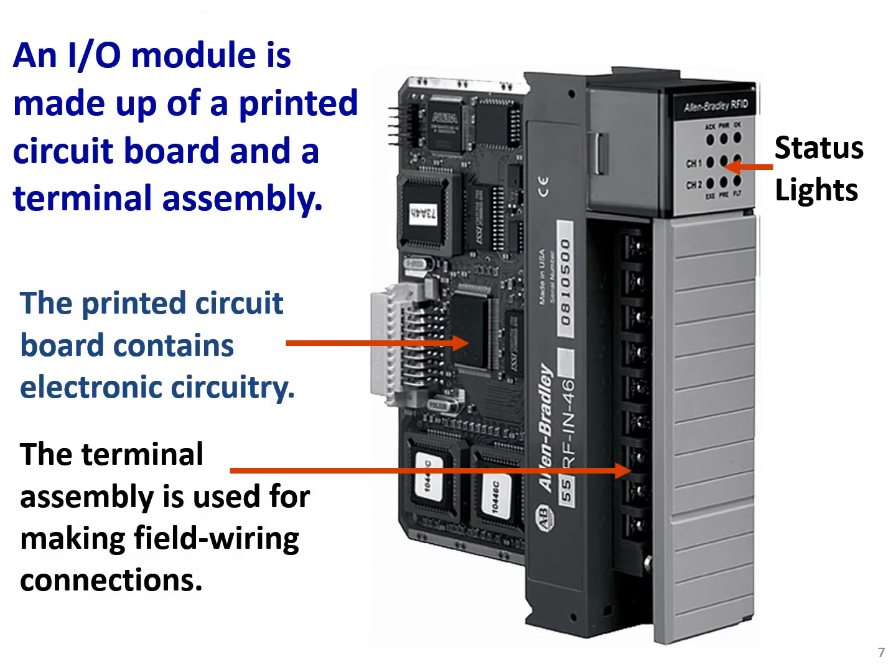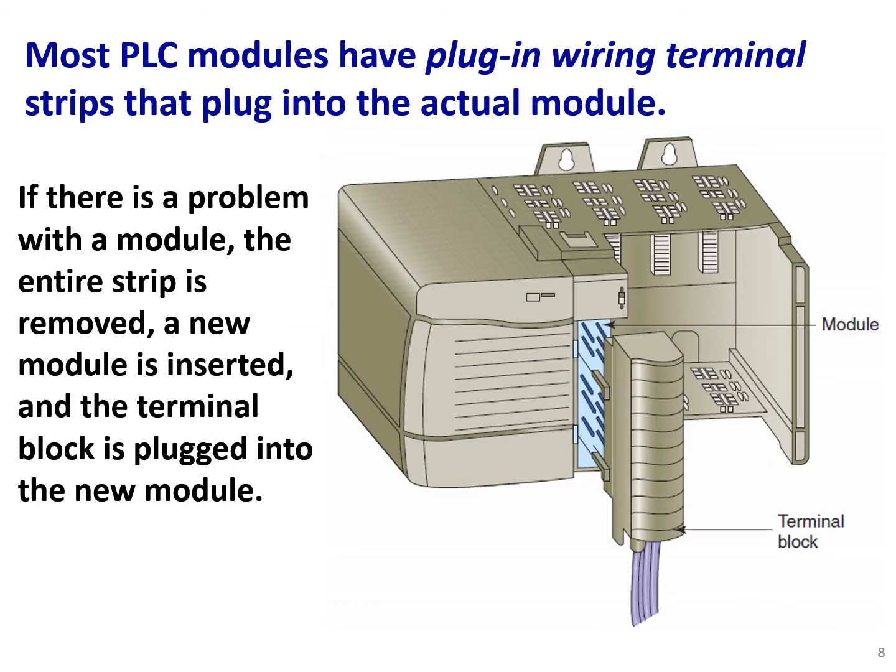An I/O module is made of a printed circuit board and a terminal assembly. The printed circuit board contains electric circuitry. The terminal assembly is used for making field wiring connections. We had an extended discussion before on the I/O racks, so that's why I'm passing these slides quite quickly.